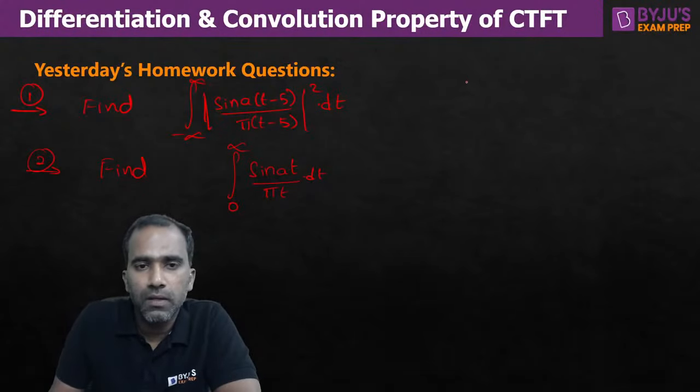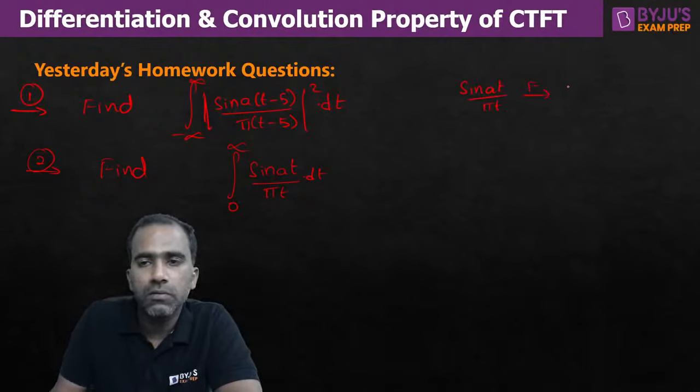Right. So sin(at)/(pi t), the Fourier transform we know, is a rectangle of omega divided by 2a.